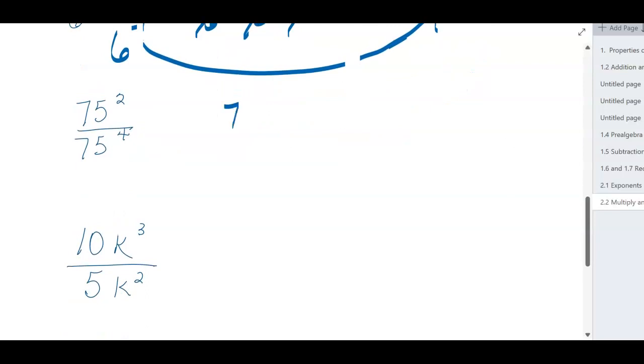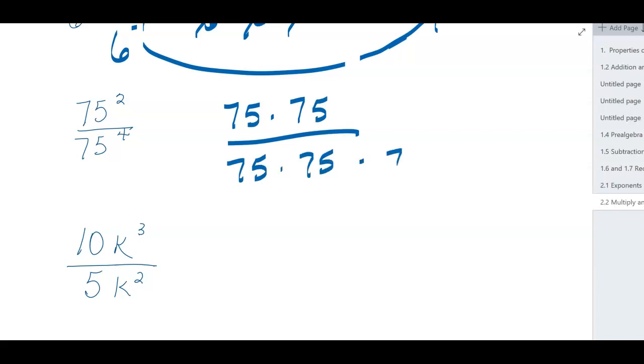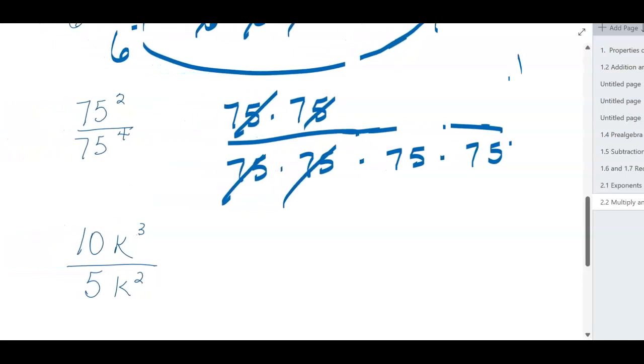Okay, let's look at this one. You have 75 times 75 over 75 times 75 times 75 times 75. And of course, these two will cancel each other, and you have 1 over 75 squared.